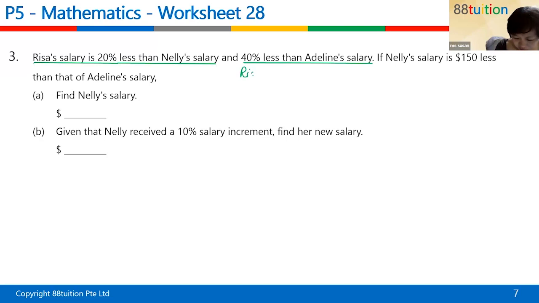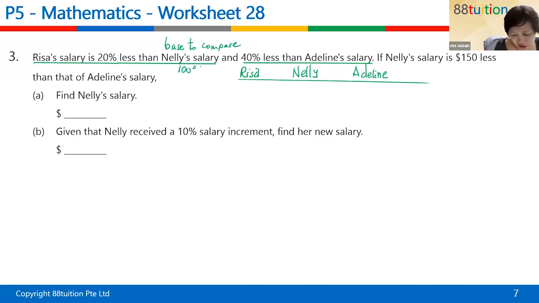So I put Risa, then Nelly, and then Adeline. Risa is 20% less than Nelly. Now for Nelly, she is the base to compare, right? So for the one who is the base to compare, she will have 100%.